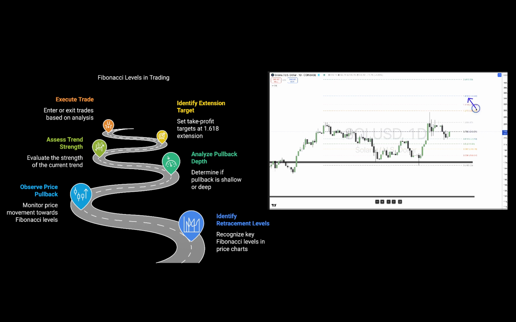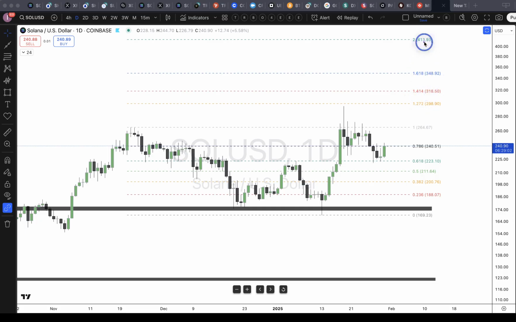And then here's from an extension standpoint for new price discovery, which will help you identify some key levels of where price will potentially roll over. So the 1.618, the 2 level, as well as the 1.14. So there's really no telling as of right now where price could get hung up and roll over. But these are some absolute key levels.